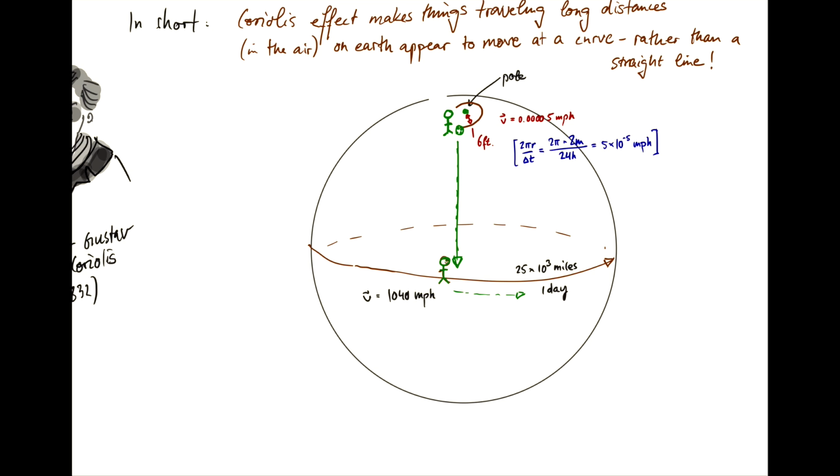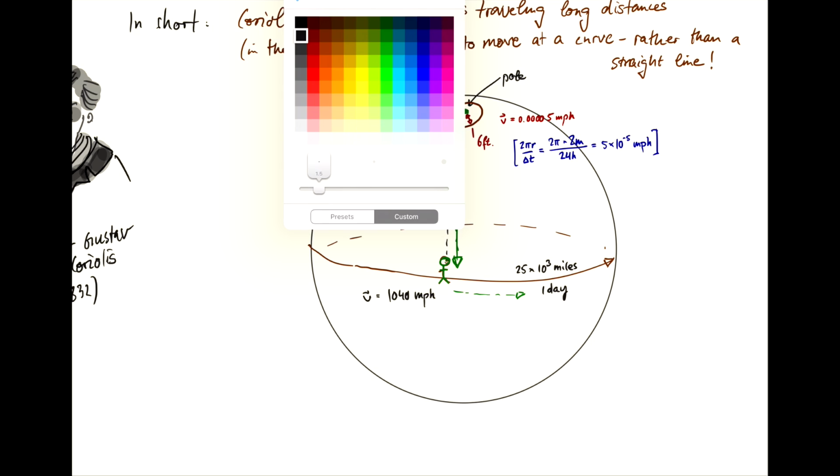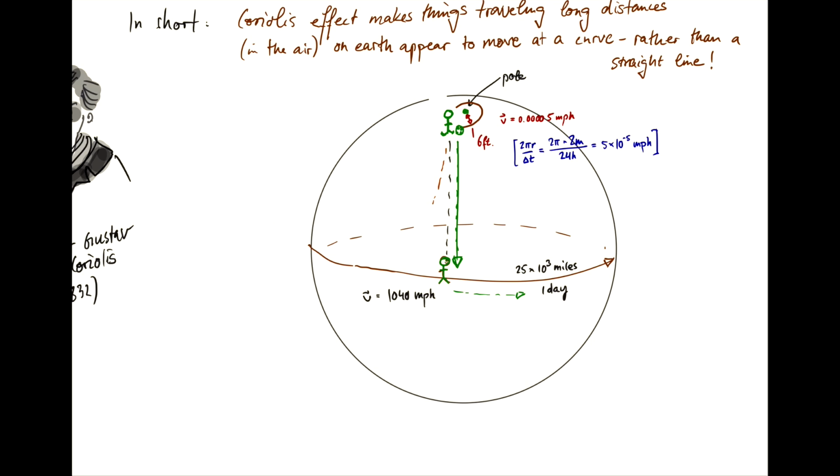So if you put yourself in the shoes of player 1 here, who's looking down towards the equator, the straight line is always this line connecting him and player 2, whereas the ball ends up being deflected to the west here. That's what it looks like for the player number 1.